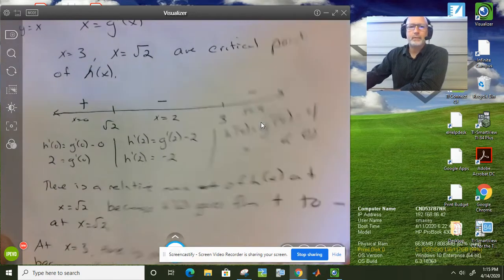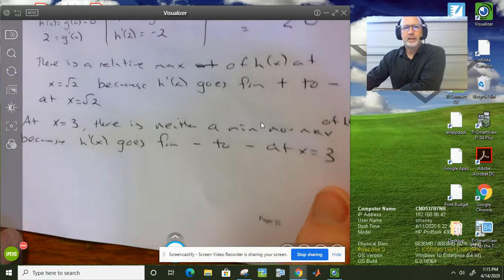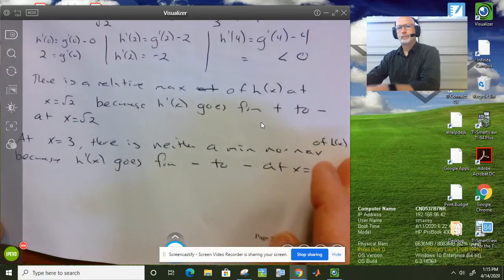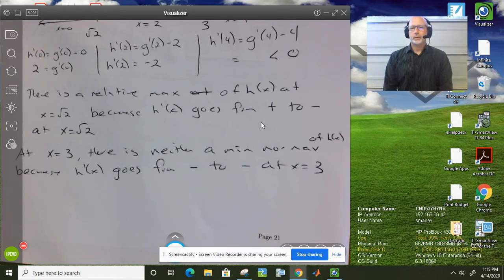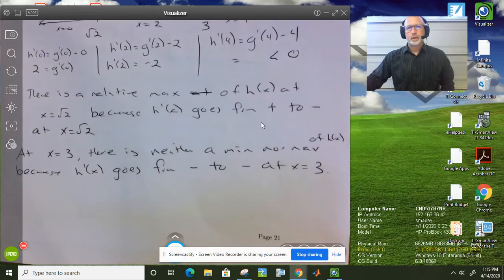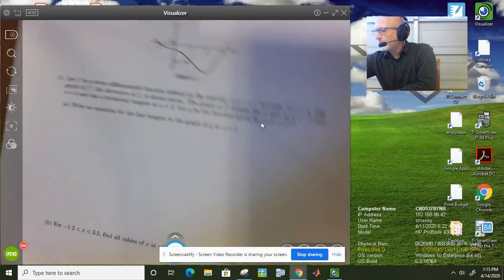Oops, sorry, I'm way off the page. Sorry, I didn't let you see any of that. Okay, so once again, at x equal 3, there's neither a min nor a max because h prime of x goes from a negative to a negative at x is equal to 3. Period.